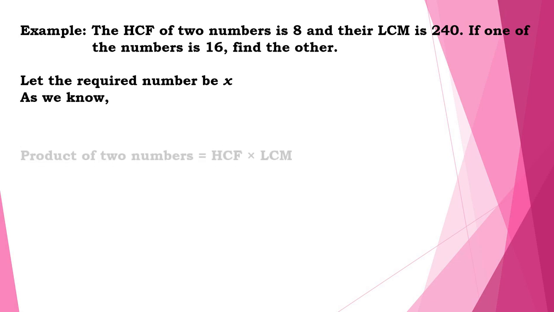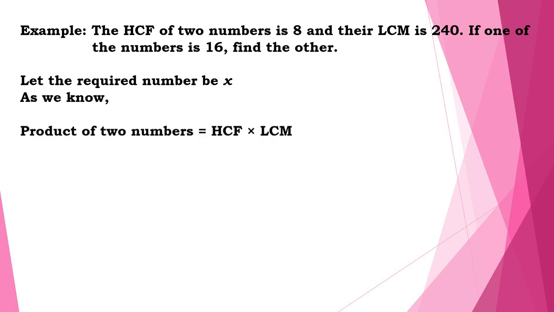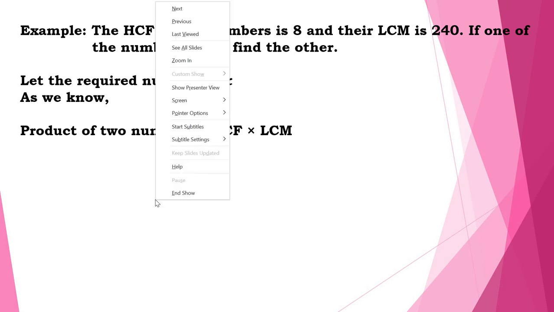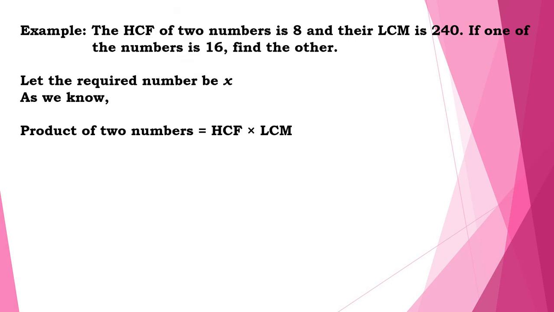So as we know, product of two numbers is equal to HCF into LCM, right? So 16 into x is equal to 8 into 240. 8 is the HCF and 240 is the LCM.